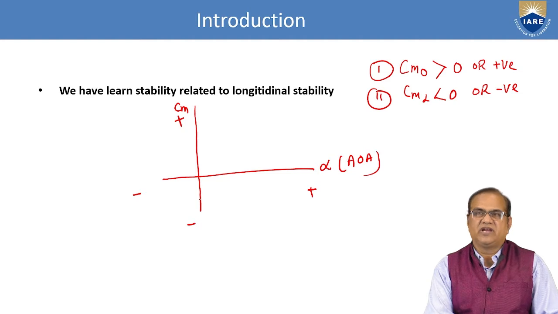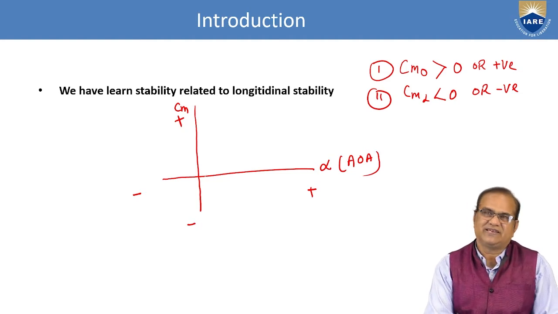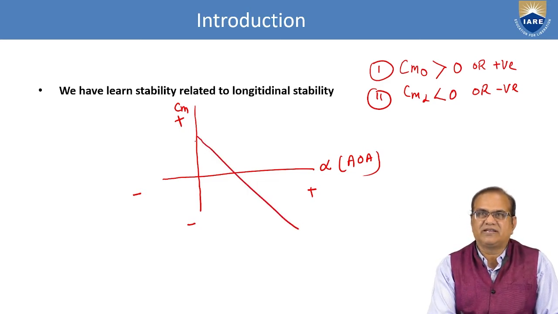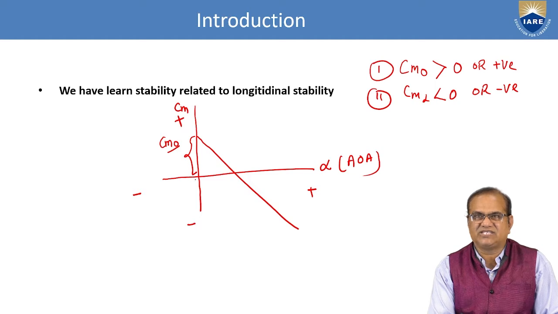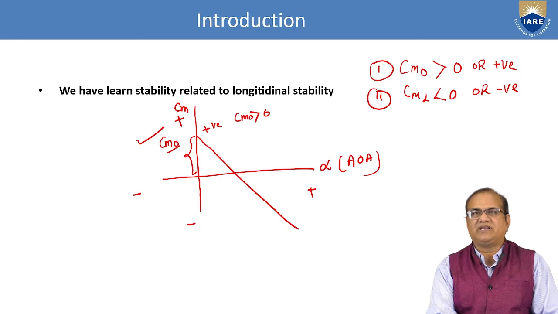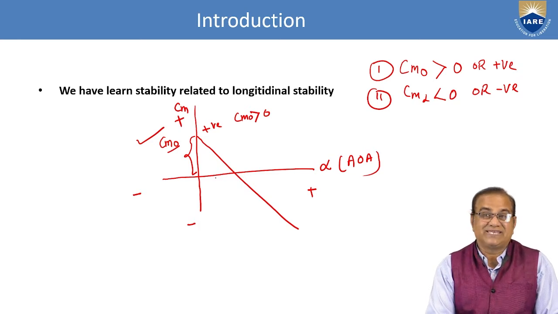If due to a disturbance some increase in angle of attack is happening, this plot shows that Cm naught, the coefficient of moment at zero angle of attack, should be positive. That is, Cm naught should be greater than 0, and we are able to fulfill this requirement by this plot.